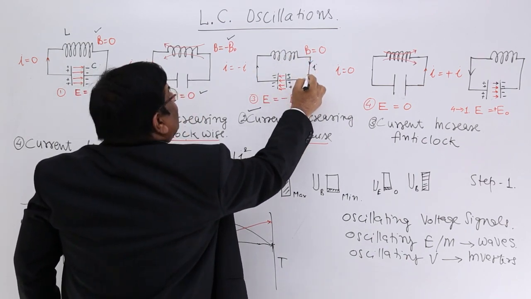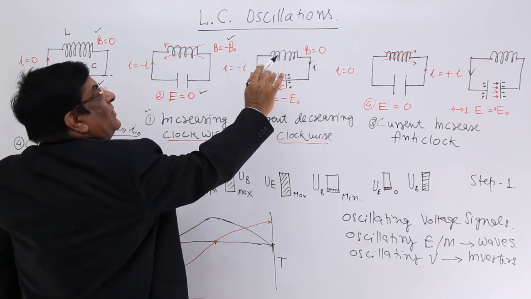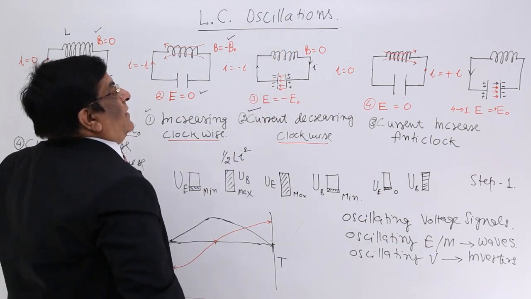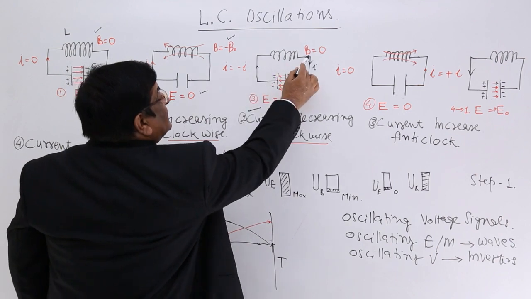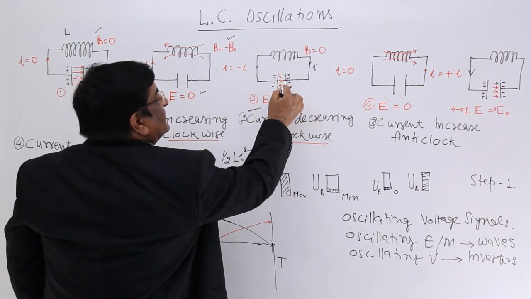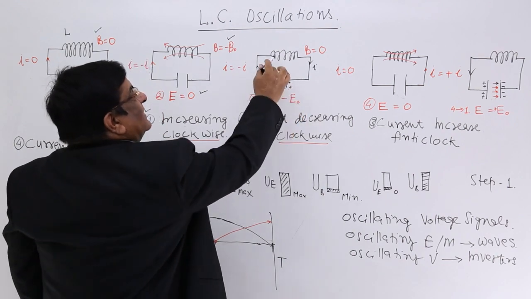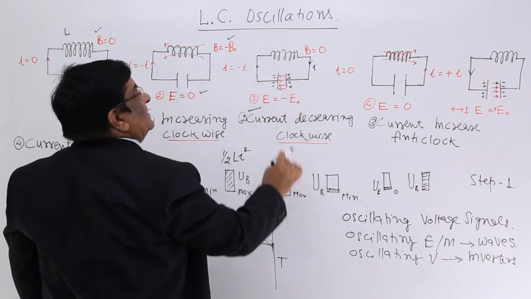When it pushes the current here, its energy is gone and the magnetic field has become 0. It has pushed all the charges here. The charges come here and get filled up on this plate. It has used all its energy.